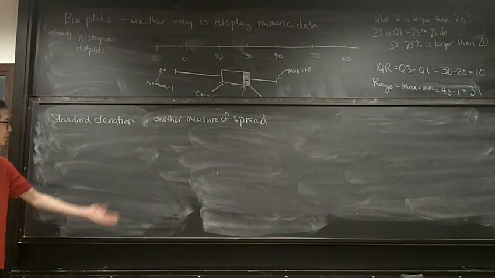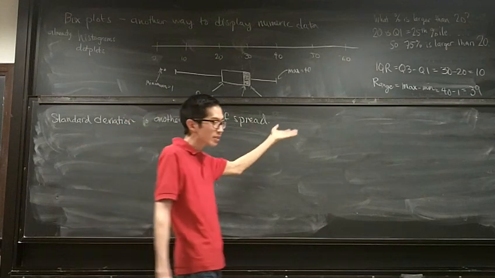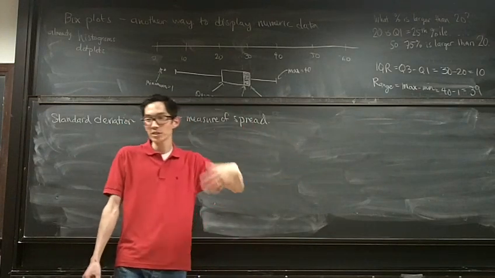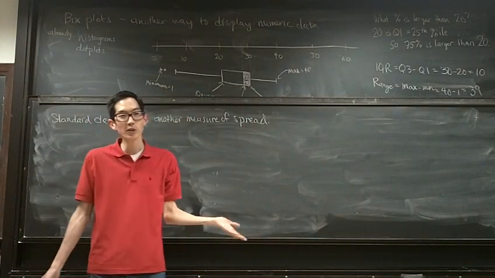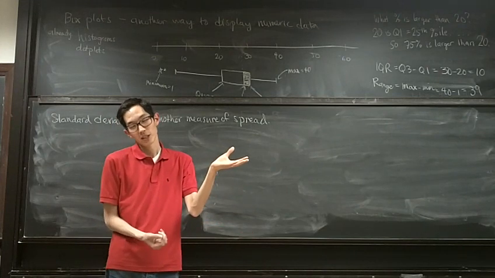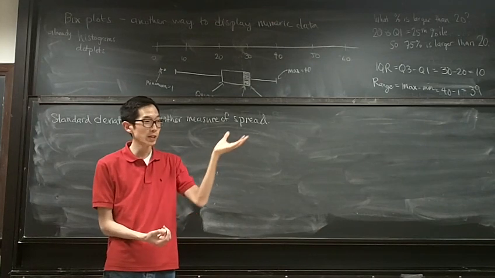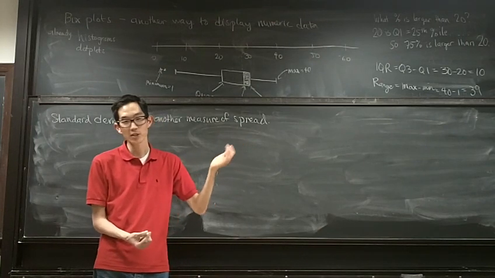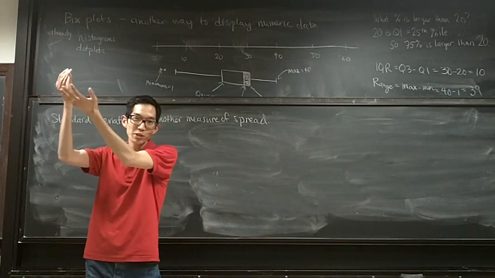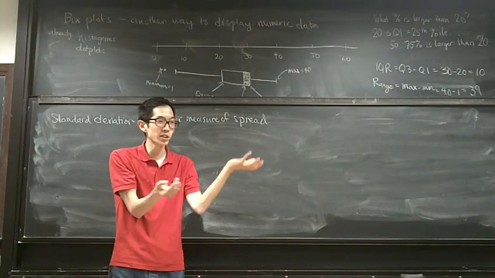Alright, standard deviation is another measure of spread. The process in calculating the standard deviation is a little bit more complicated. It's a little more involved. But at the end, you get a number. And just like when we looked at those families with the different ages, one family, the range was 4 years, and another family, the range was 14 years.